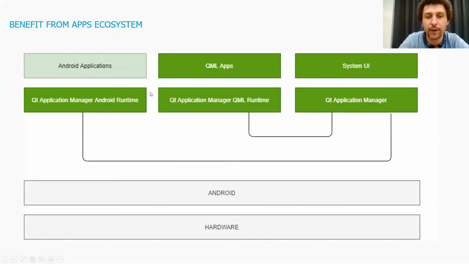By default, for the QML applications, the application manager is using the QML runtime, while wrapping the native Android applications with an Android runtime, let's call it this way, allows you to compose plain Android applications into your system UI. So this part can display plain Android applications.